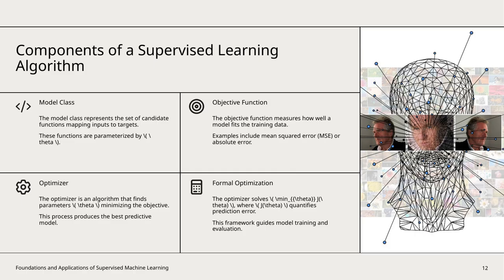These functions are defined by parameters theta, which the optimizer adjusts during training. The choice of model class influences the flexibility and capacity of our model to learn from the data. Altogether, these components, objective function, optimizer, and model class, form the core framework of supervised learning. They work in concert to produce models that can make accurate predictions by systematically minimizing errors and selecting the best possible functions within our set.